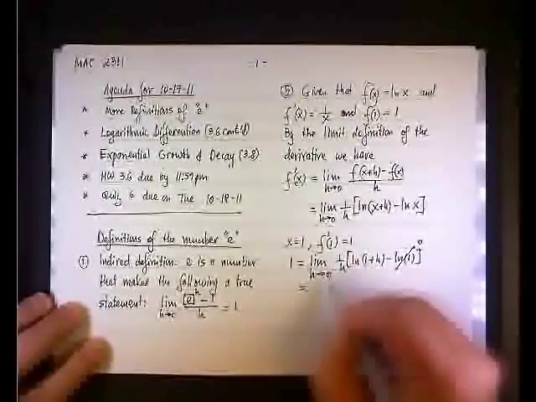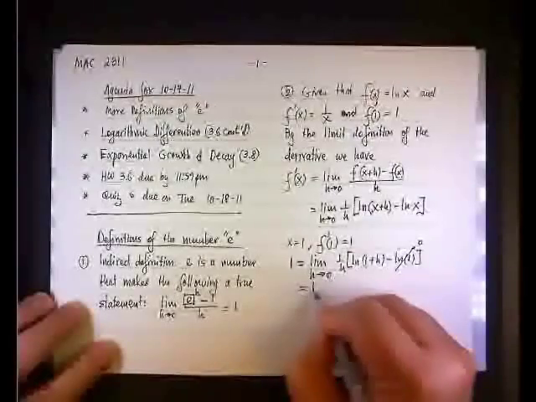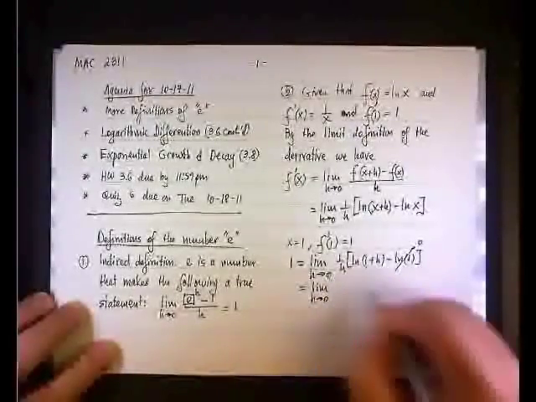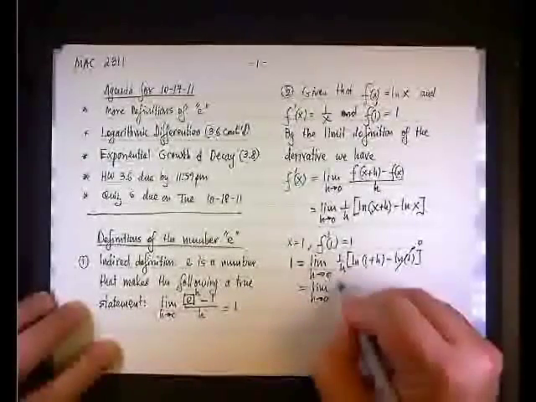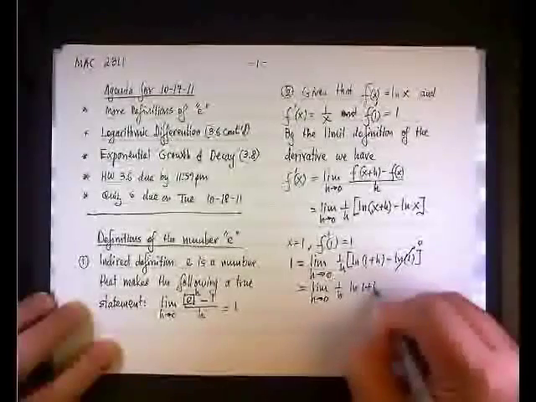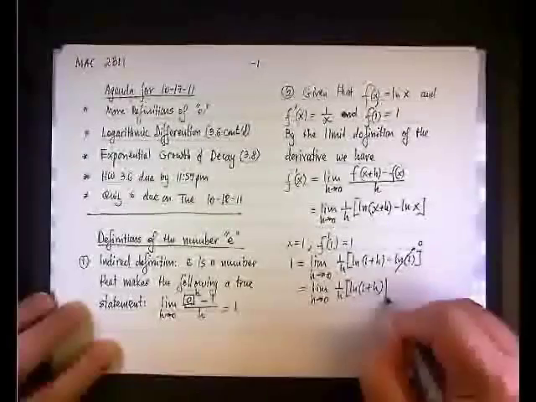So what survives after that is the limit as h approaches 0 of 1 over h times the natural log of 1 plus h. Okay? Let's put the bracket here.